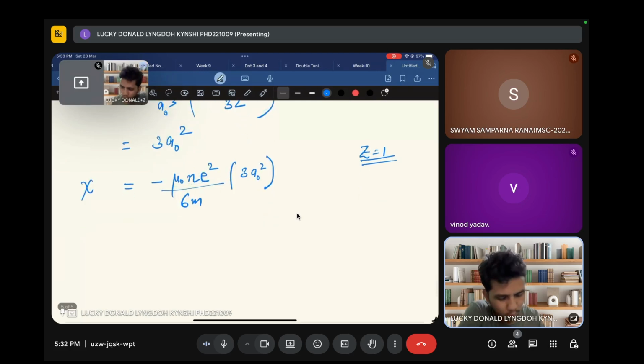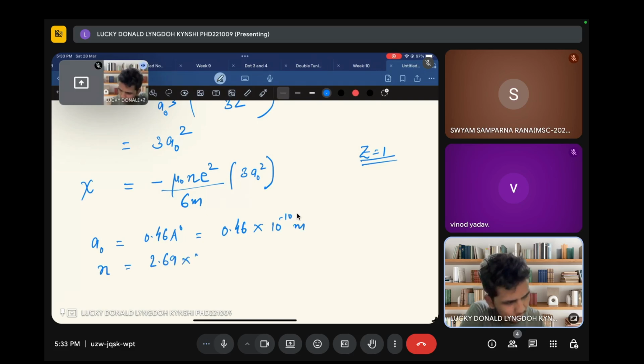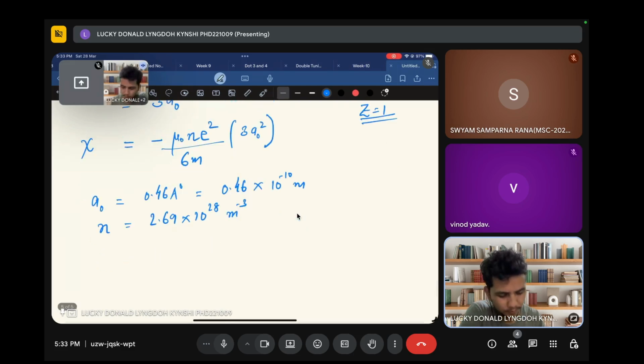Okay, so now let's look back. What is a naught? A naught is equal to 0.46 Angstrom, which is equal to 0.46 into 10 to the power minus of 10 meter. N is given to you, 2.69 into 10 to the power 28 meter cube.